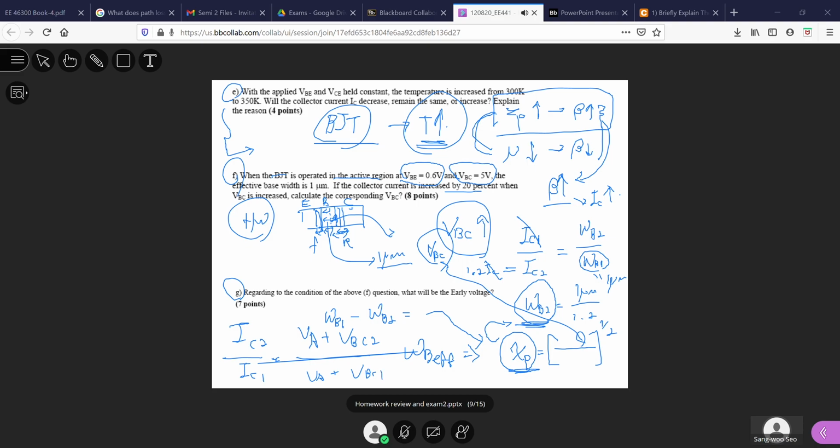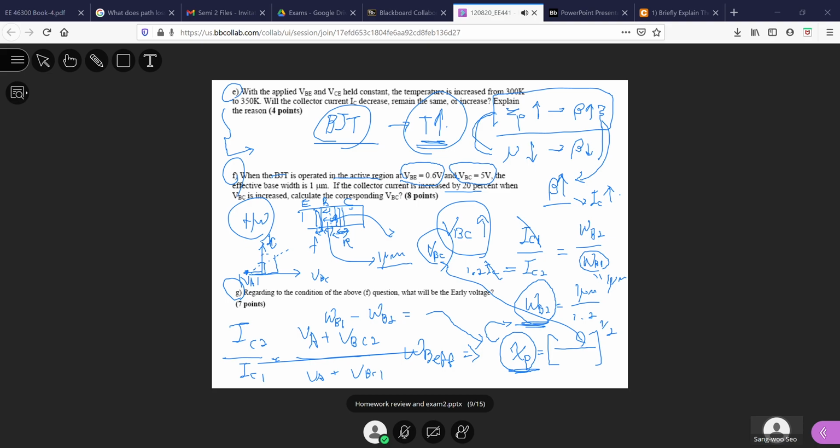As you remember, we have a graph with the IC, and with the early voltage, if we define the early voltage at this point, the change is related with this kind of curve.